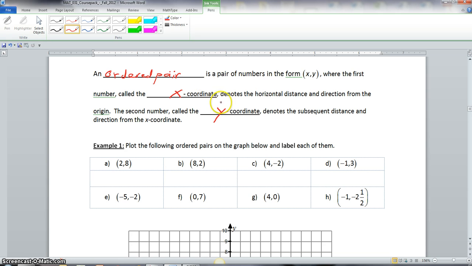Now let me explain this to you. Whenever you deal with an ordered pair, there are only three things that the x coordinate and the y coordinate can do. So the x coordinate, and we could write this off to the side, will either go left, right, or stay.